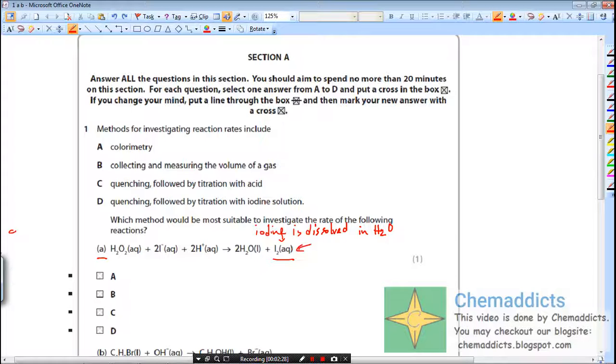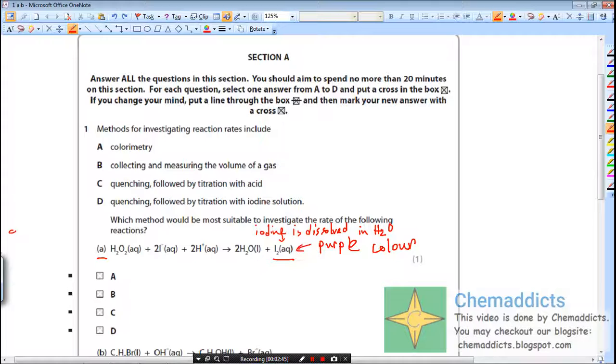So here iodine is dissolved in water, so it would show color. The solution would have purple color since aqueous iodine is present over here.